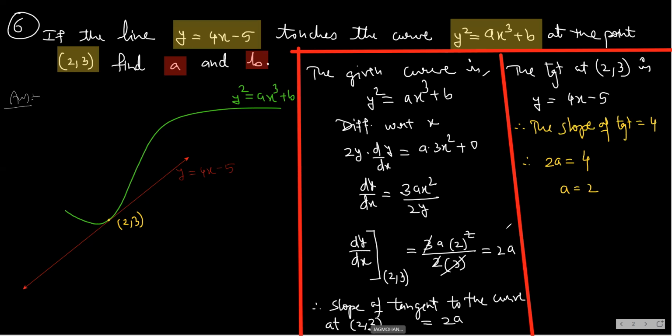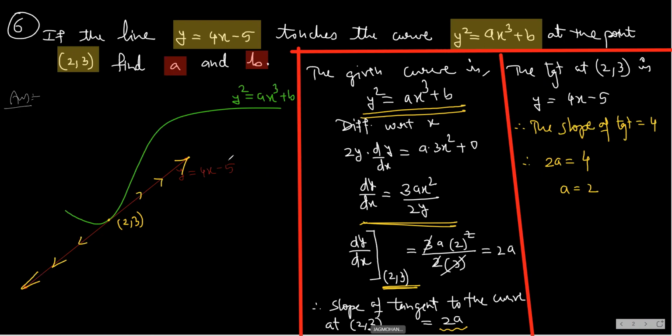Remember, students, with the help of derivative, you differentiated the curve, you got dy by dx. In the dy by dx, you substituted 2, 3. After substituting 2, 3, what you got is the slope of the tangent at 2, 3. So you got the slope of this tangent itself.